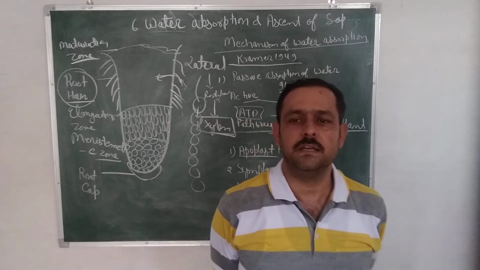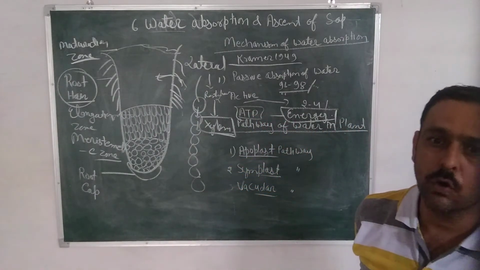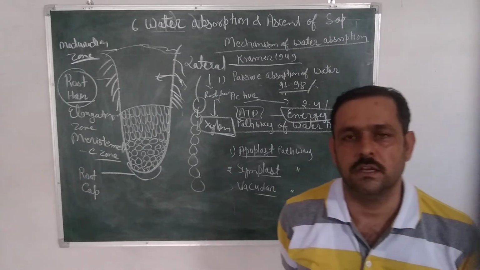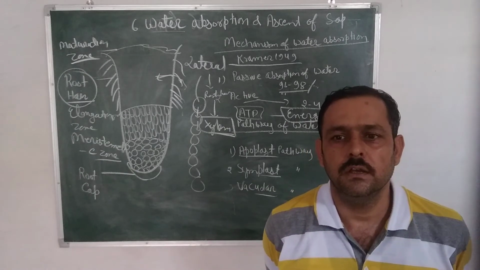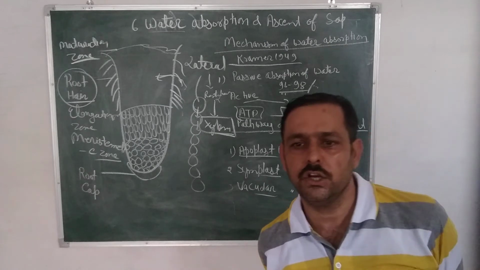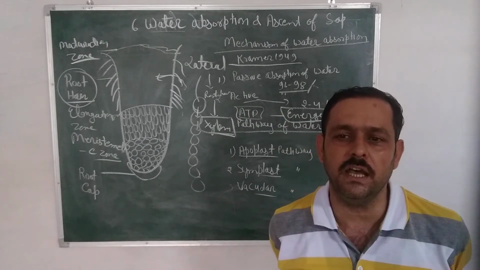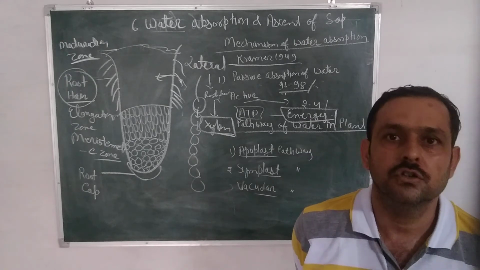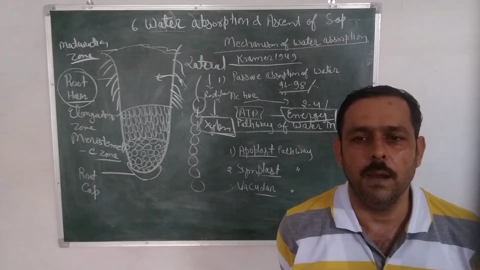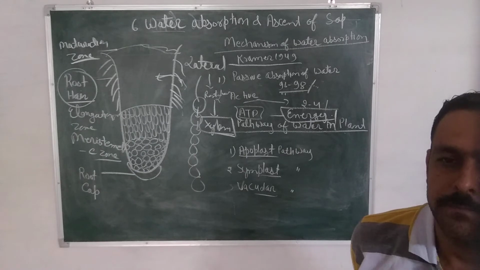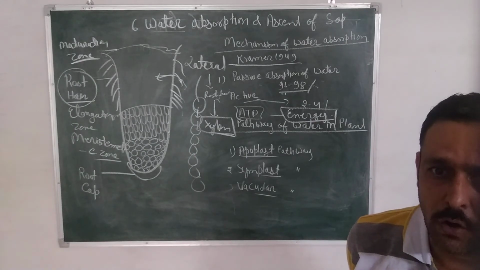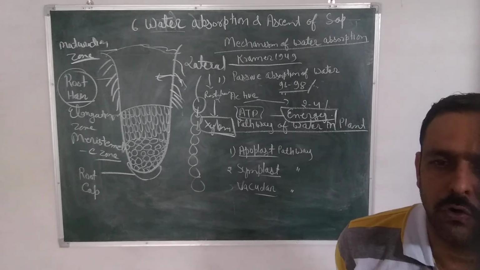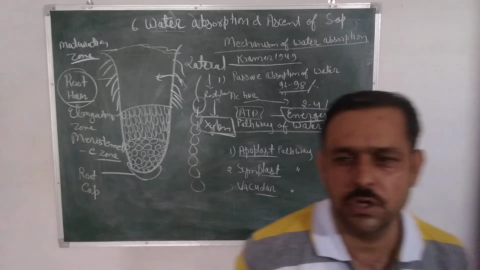Apoplast. What is apoplast? The flow of water in plants through non-living parts: the cell wall and intercellular spaces present between the cells. So this route is called the apoplast pathway. This is flow of water that is uncontrolled and through diffusion.